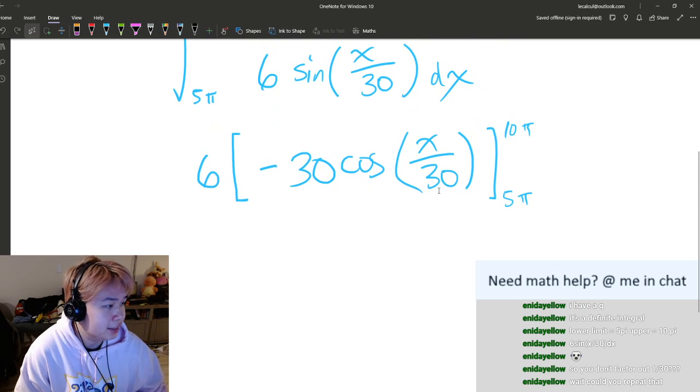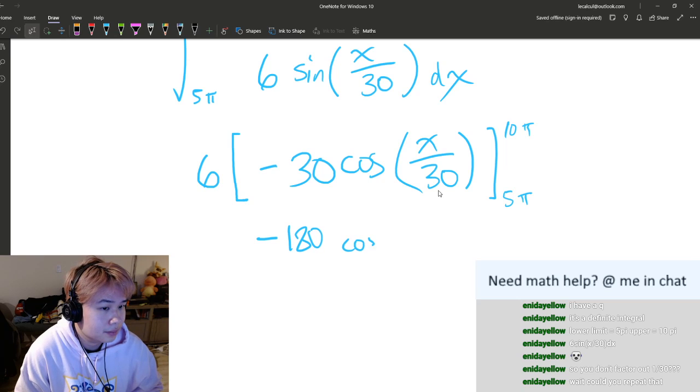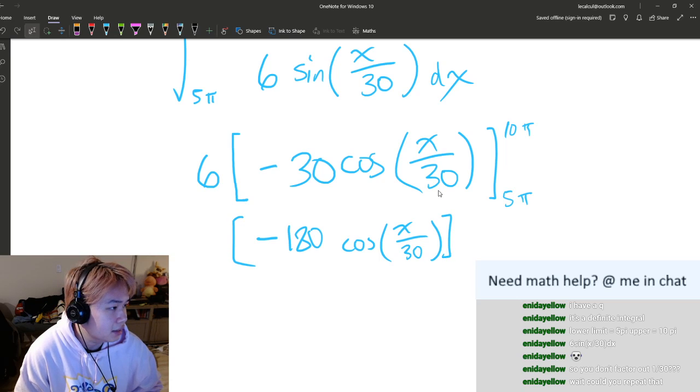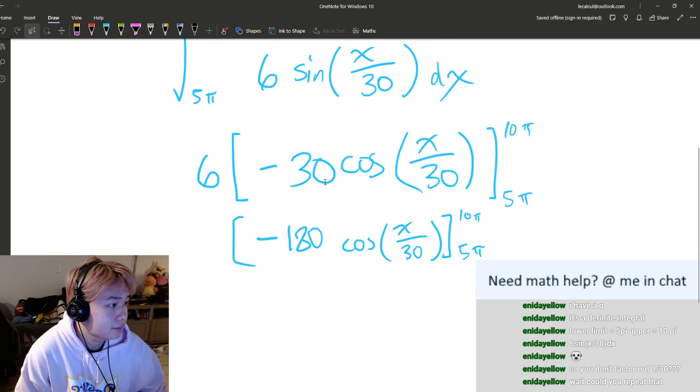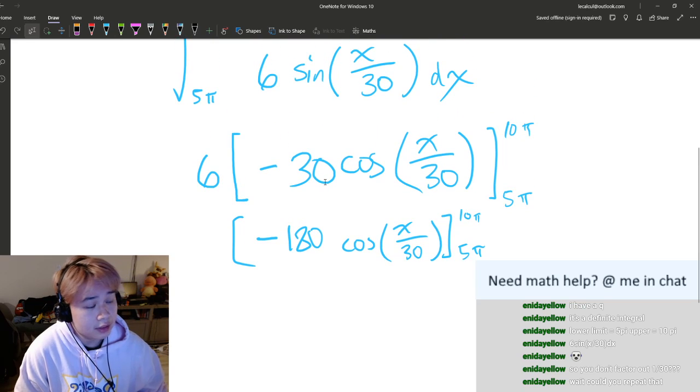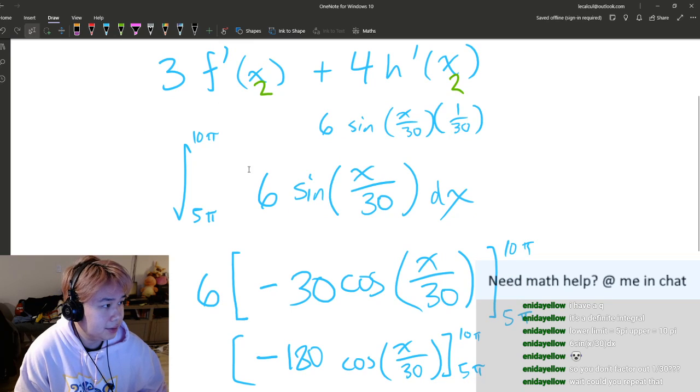So this is actually our integral here. And then this you can just calculate yourself. If you don't want to do it this way, then there's U substitution.